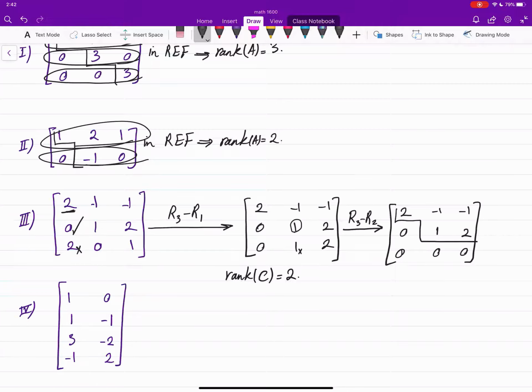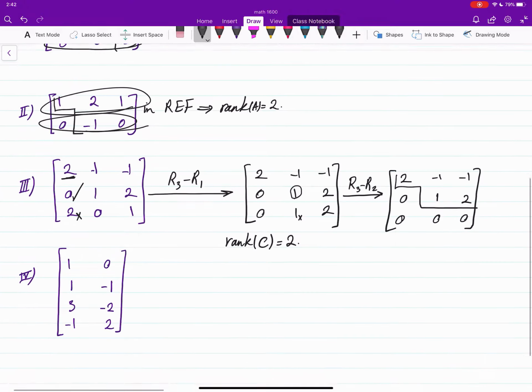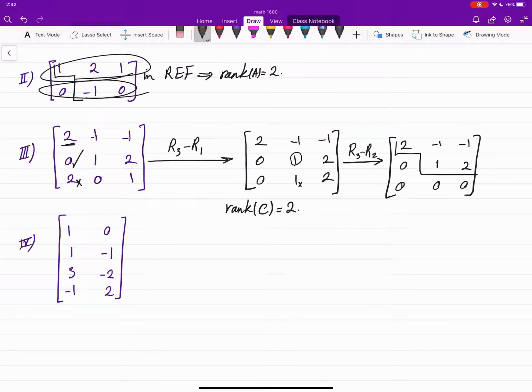And let's do one more example here. How about the rank of this one? Well, obviously this is not in row echelon form. I can take this and make these ones 0. For that, R2 minus R1 is good, R3 plus R1 is also good, and for the middle one, we have to add minus 3 times R1 to R3.